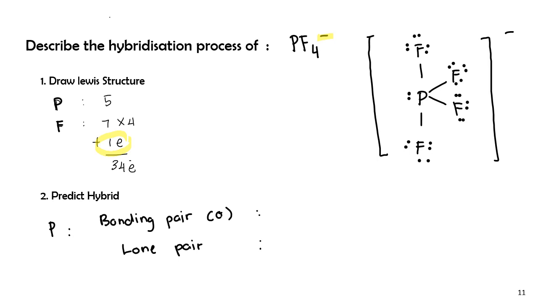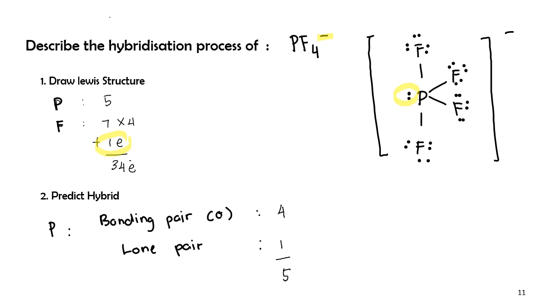And then when you draw the Lewis structure, if you see 4 bonds and 1 lone pair here, you can directly draw its geometry. Okay, so for this one, what will the bonding pairs be? 4 sigma bonds, and then you have 1 lone pair, so the total will be 5 electron pairs.